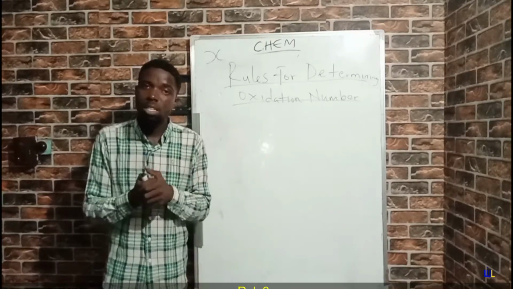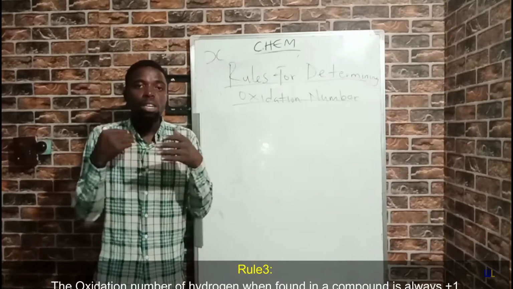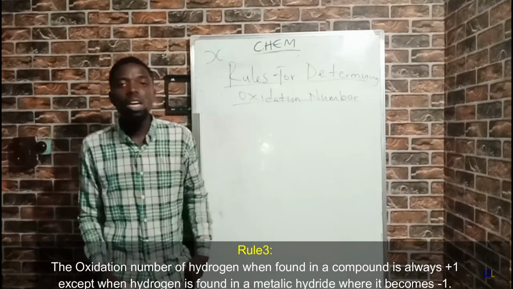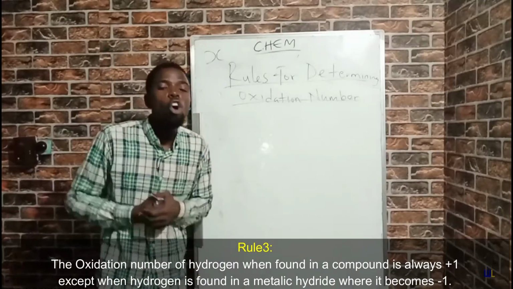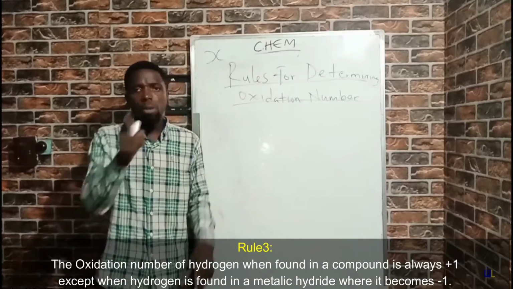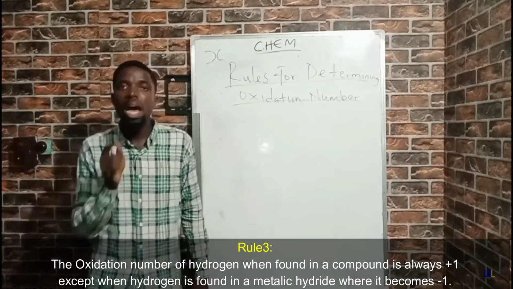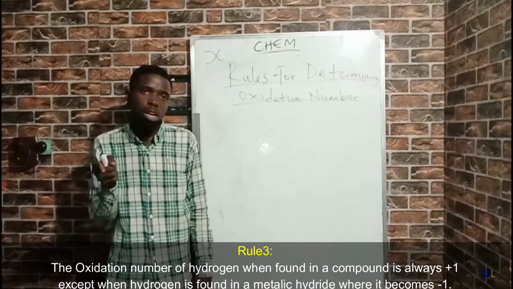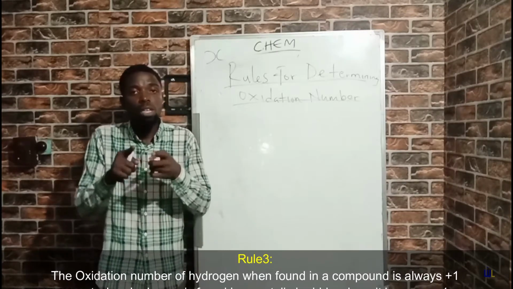I take it again. If hydrogen is found in a compound, its oxidation number is always equal to +1. Yes, but there is an exception though. The exception is when hydrogen is found in a metallic hydride. A metallic hydride is a compound that contains a metal and hydrogen.